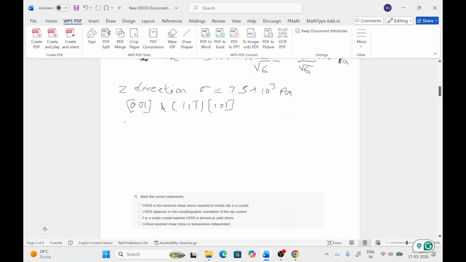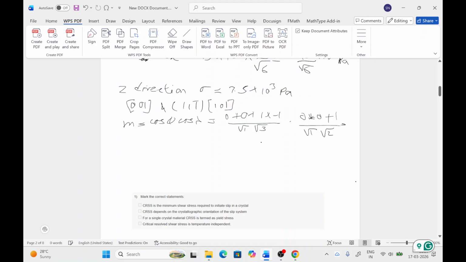So the Schmidt factor, cos phi and cos lambda, will be 0 plus 0 plus 1 into minus 1 divided by root 1 and root 3, multiplied by 0 plus 0 plus 1 divided by root 1 and root 2.